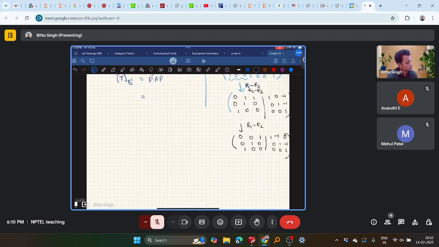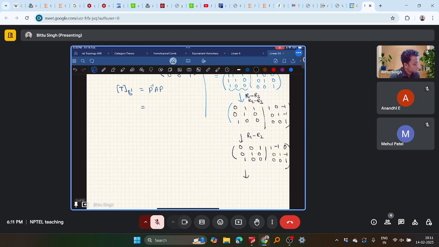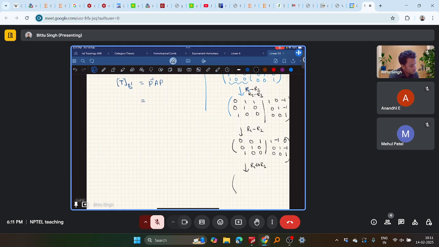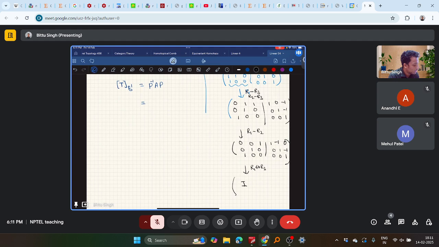After this, what we can do, we just exchange R1 and R3, right? Exchanging R1 R3, it will give you the identity matrix on the left side, and now R1 is 0 0 1 because we have exchanged those two rows. So it is 0 0 1, and R3 will be 1 minus 1 0, but R2 is unchanged.